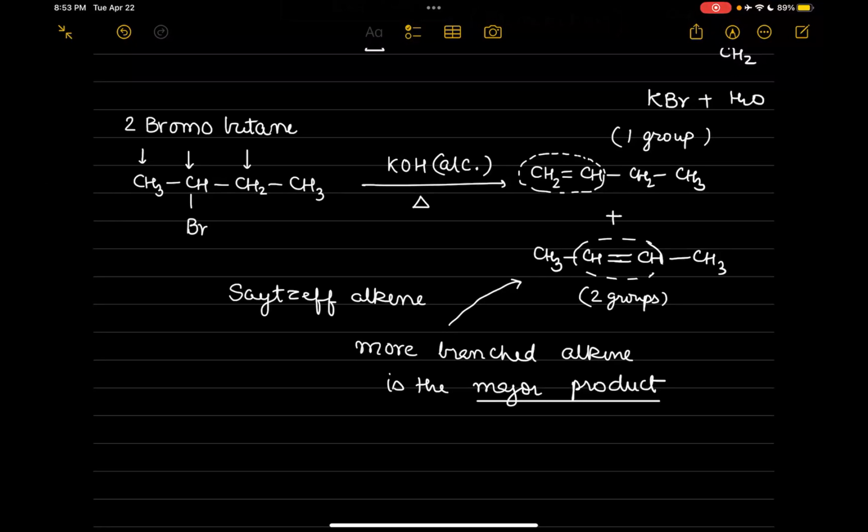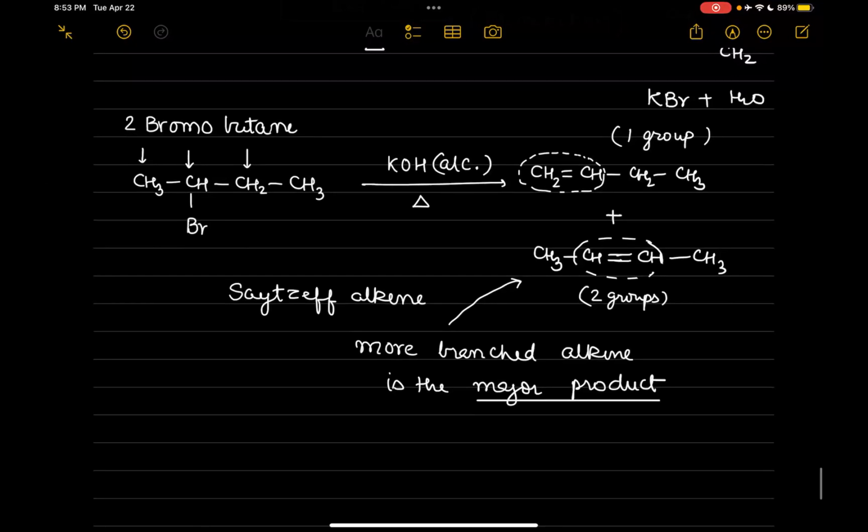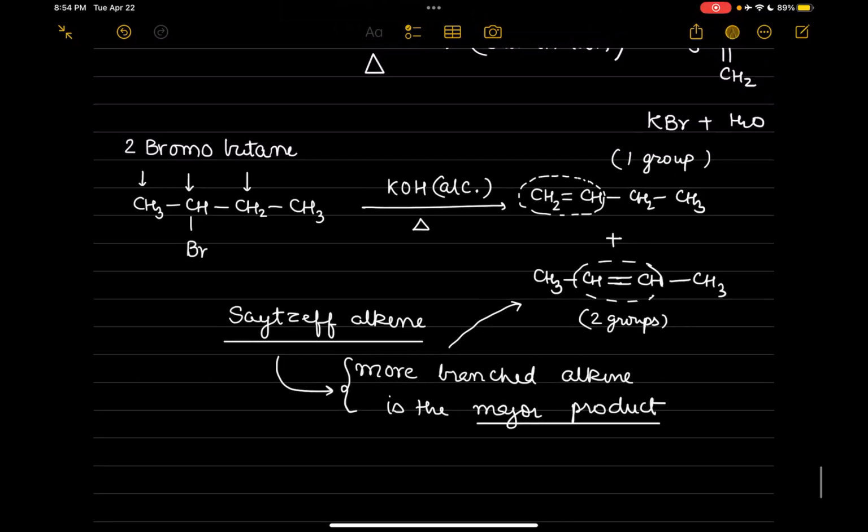Got it? Not like that. So in elimination, if there are two products being formed, one is with a double bond in the middle with more alkyl groups. So the alkene with more alkyl groups is known as Zaitsev alkene, and that is going to be the main product.